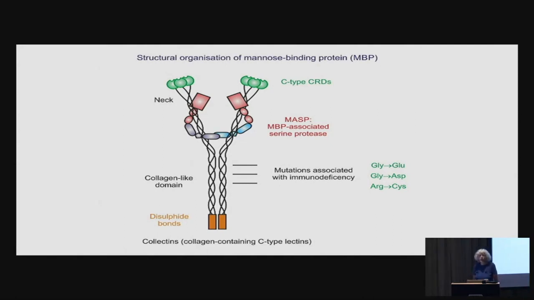They don't affect sugar binding, but they affect the oligomerization of the protein and its ability to fix complement. So this is an example of one which is involved in pathogen recognition.